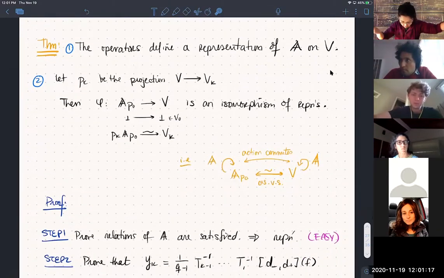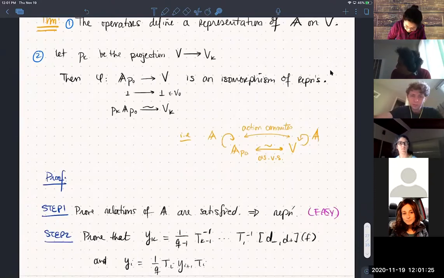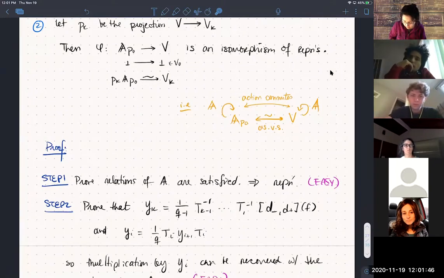Okay, so let me tell you how you prove this. Proving that it's a representation, you just prove that the relations are satisfied. That's easy. To prove that this space is isomorphic to this space as a vector space, remember that the V's have Y's. Where are you getting the Y's from? You prove that you can generate the yi's by acting by a commutator of d plus and d minus, and then composing with ti's.